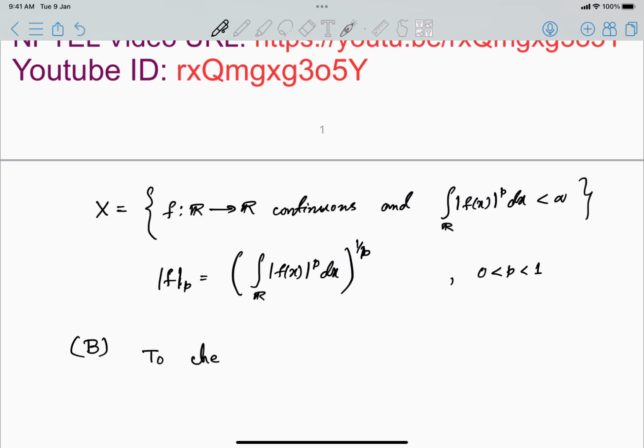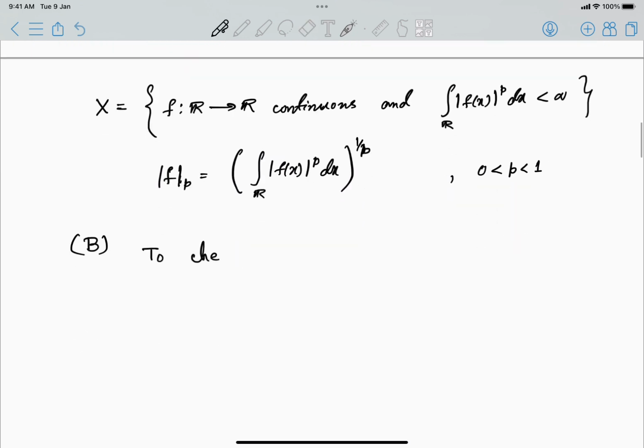So p lies in (0,1). We check whether the norm of f plus g in p is less than or equal to the norm of f in p plus the norm of g in p, where f and g are in X.